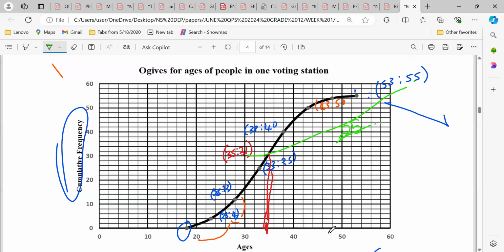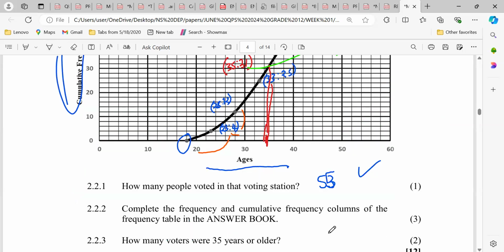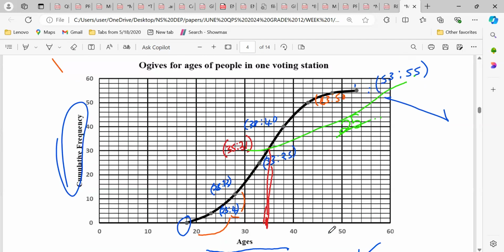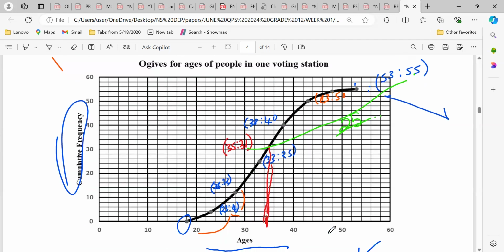The next one, I requested you to give me Q1, Q2, and Q3. How would you get Q1, Q2, and Q3? First, you need to get the position. How do you get the position? We start with 25 over 100.